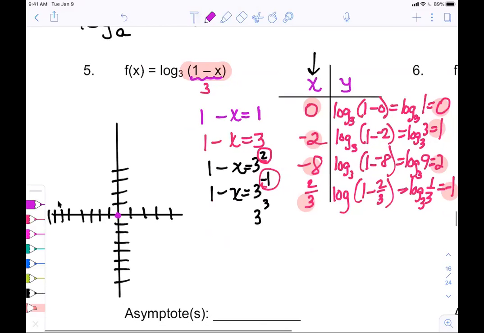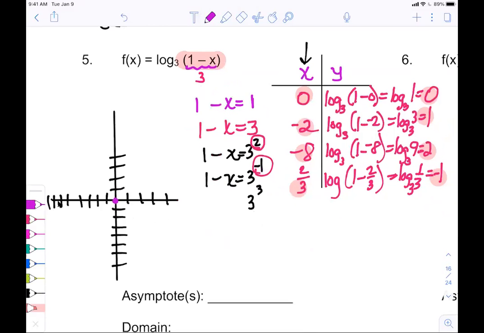We have a point at -2 and 1, at -8 and 2, and then at 2/3 and -1. So my graph is going to continue on the left side. It's going to continue to go up.